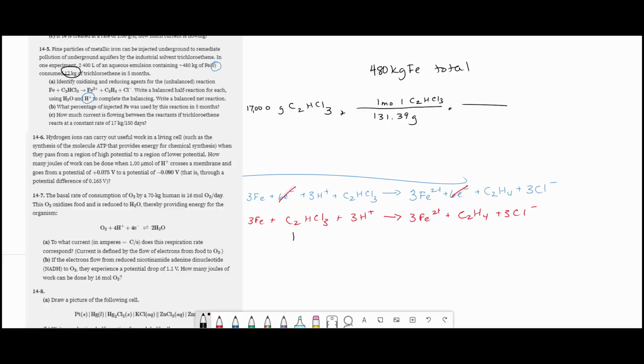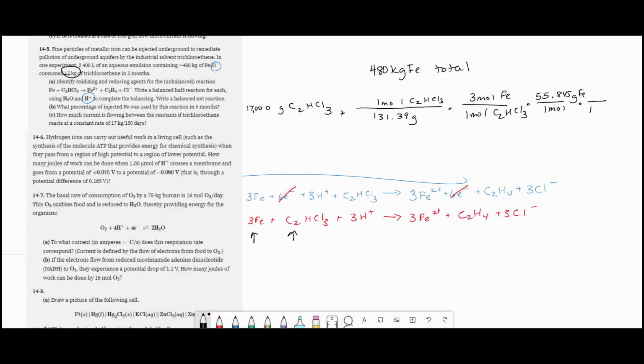Now I need my stoichiometry. So for every 1 mole of C2HCl3, I need 3 moles of iron. And then I need to know how many grams of iron that is. So I need to go to my periodic table. And a mole of iron is 55.845 grams.